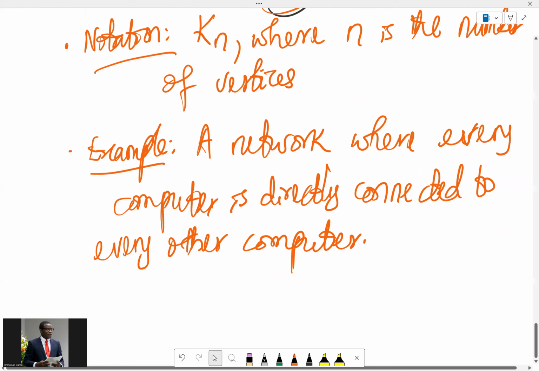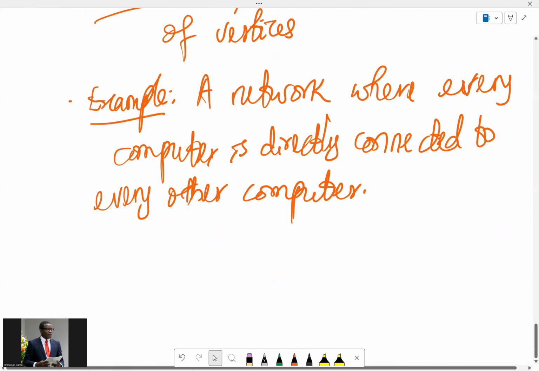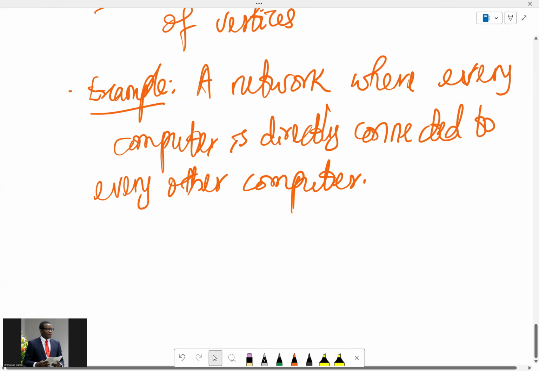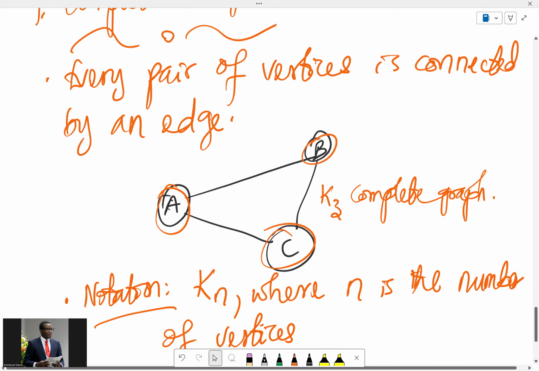Okay. Now let's go on to talk about bipartite graph. That's the second kind of special graph.